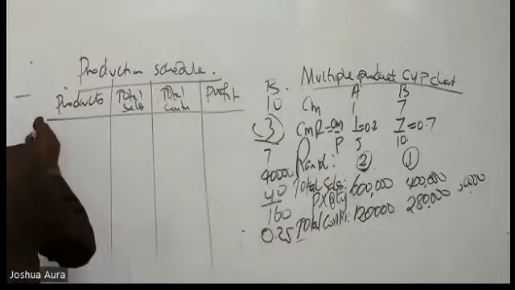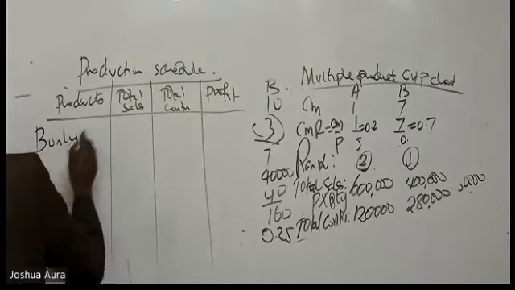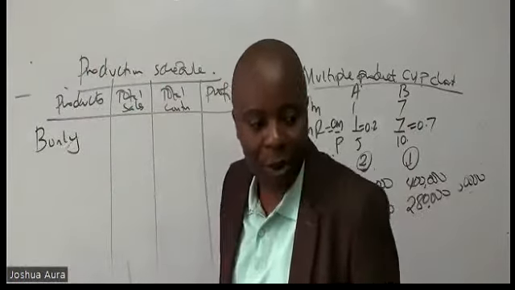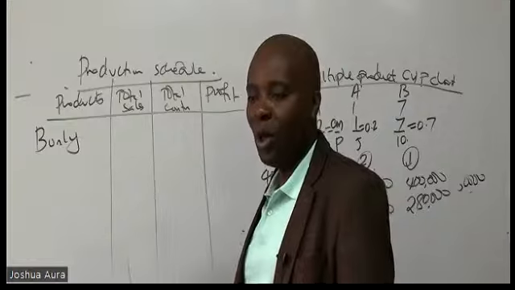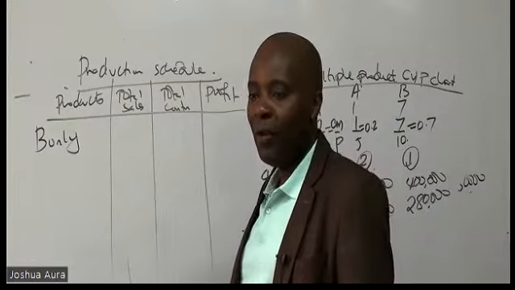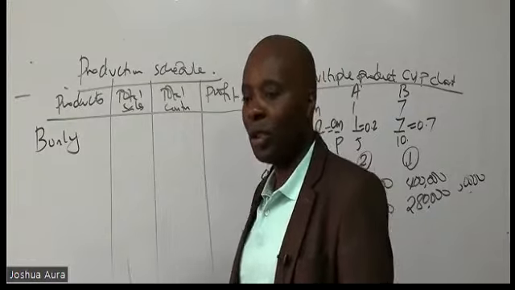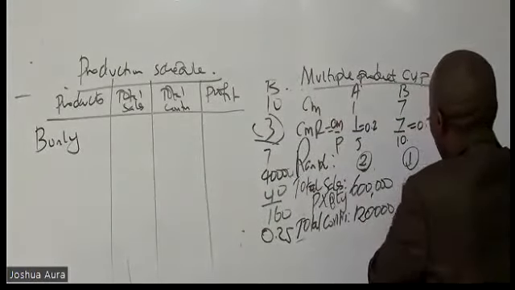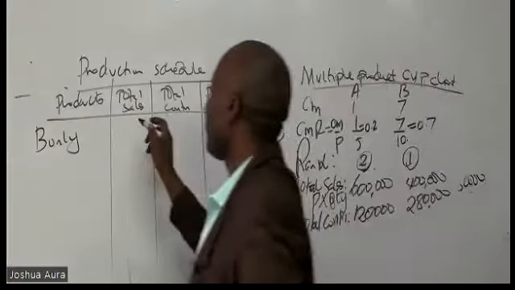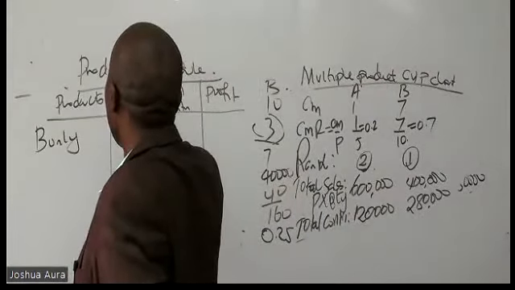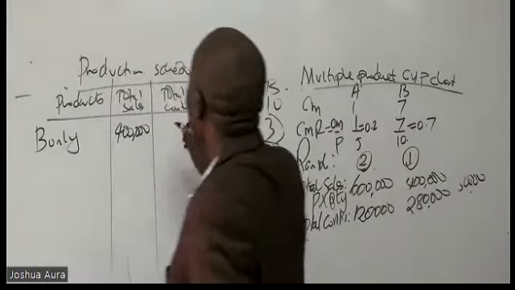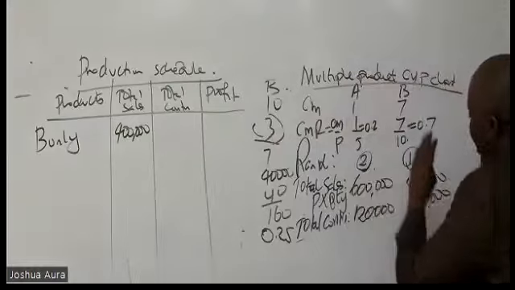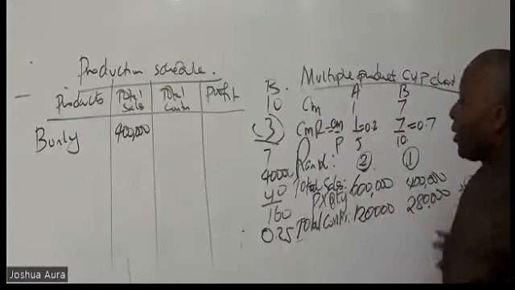If we produce B only, what will be the total sales? The total sales is given here, 400,000. If I'm producing B only, the total contribution will be given by this, 280,000.